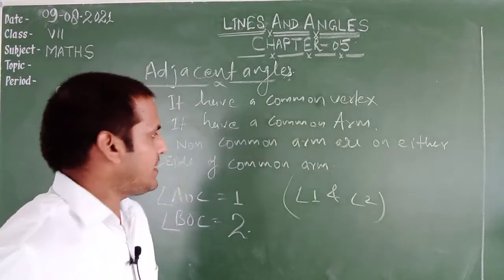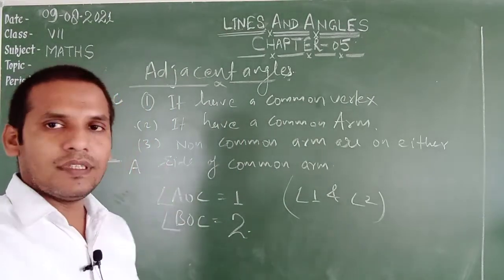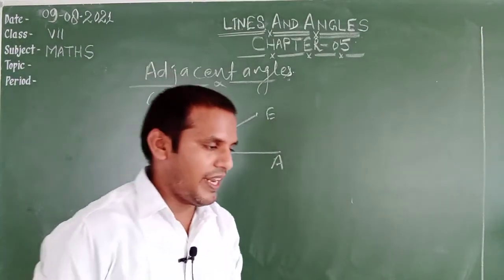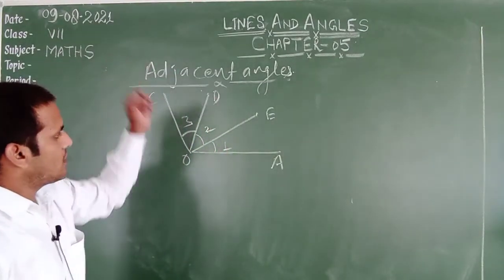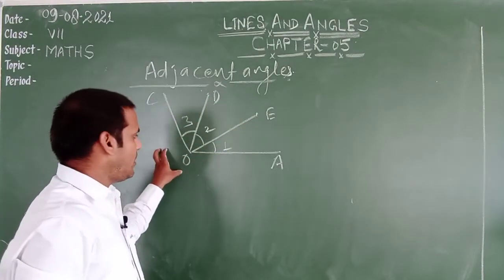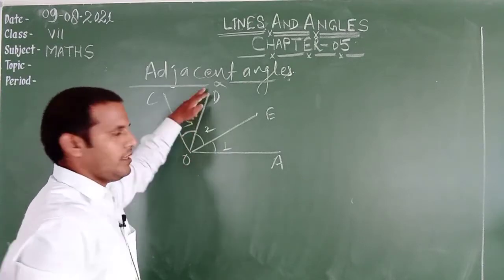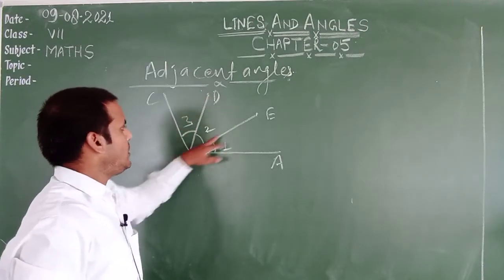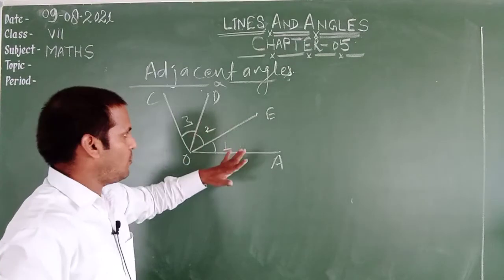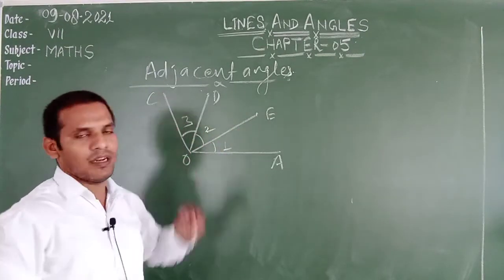Now the second, let us see with the help of the second figure. Suppose every line is joining from O. O is the vertex, and in this angle AOD, OD is the common arm. If we take COE, then OD is the common arm.